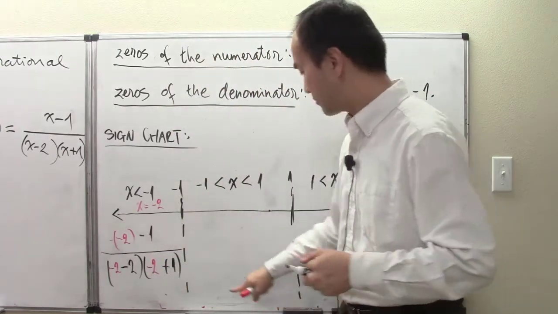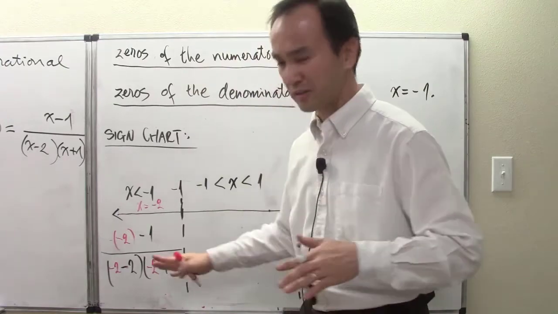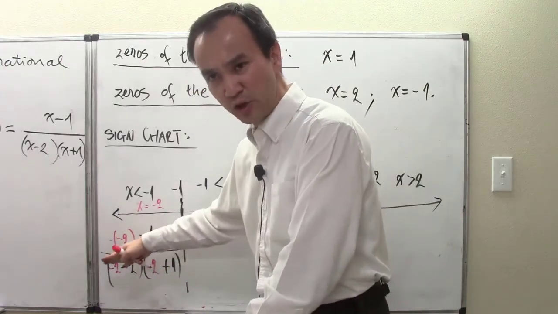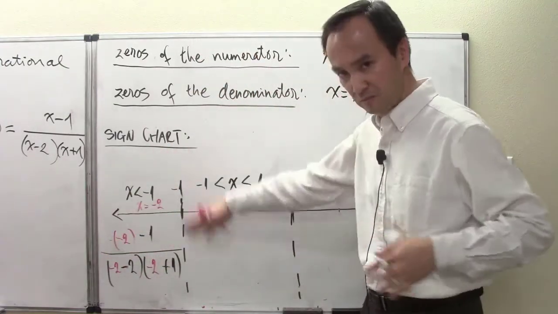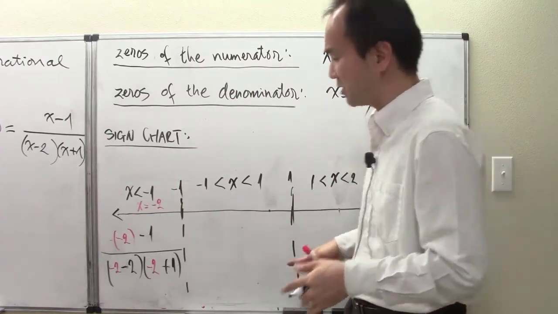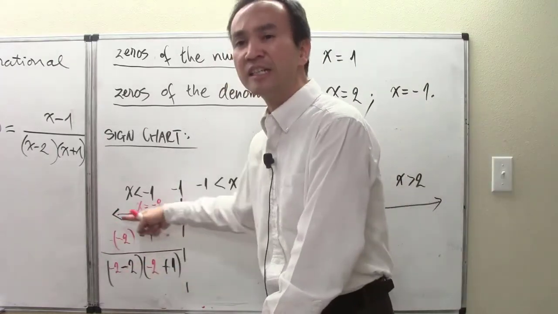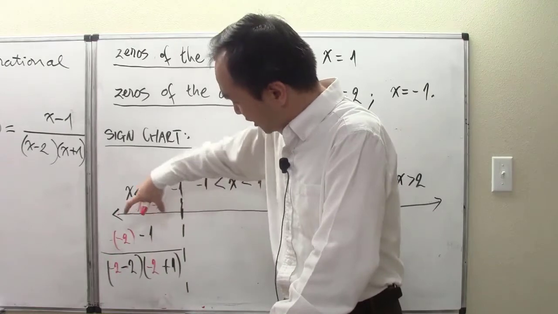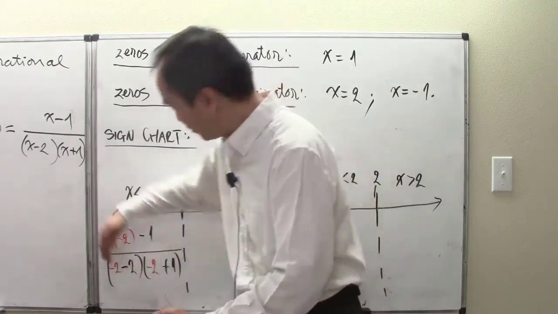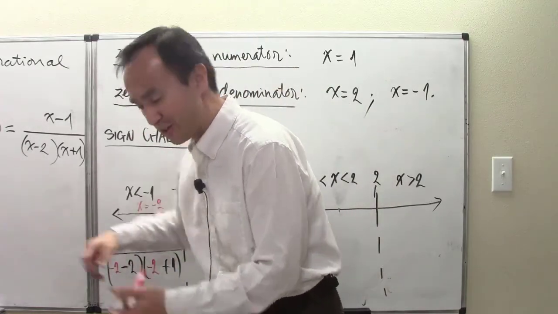I'm very short on space here, no matter how much more space I've spent for the sign chart, so allow me to just indicate the overall sign, or maybe I can use this little space that is still visible on the screen here.